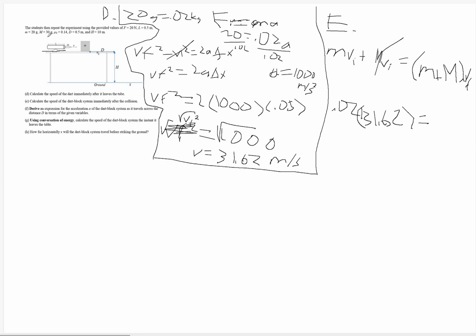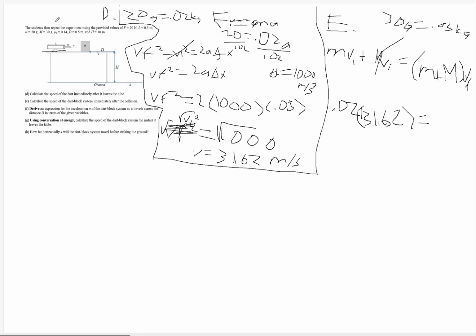So it says that the capital M, the mass of the block, is equal to 30 grams, which is 0.03 kilograms.